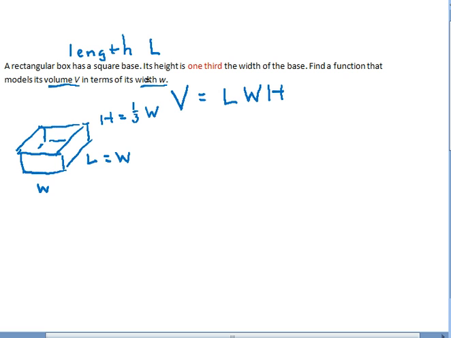Now we're going to substitute the values for H and L in terms of W into the volume formula. So we take out the L and write it as W. We had a W in the second position already, and we're going to put in 1/3 W for the height.